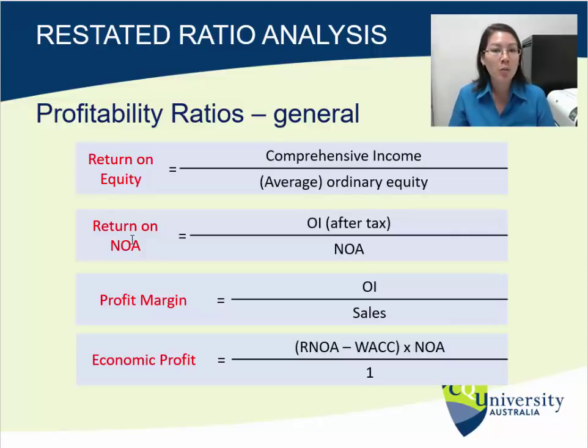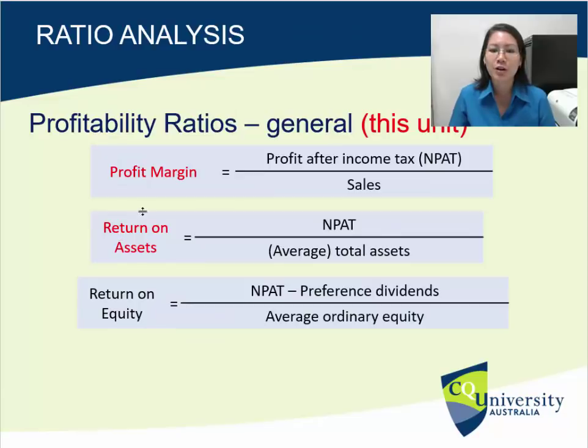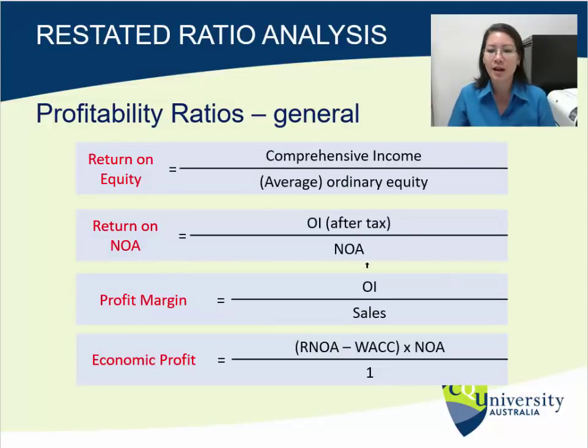Return on net operating assets is the same as return on assets that we looked at in the profitability ratios on the first slide. So return on assets, again, looking at the return for the use of your assets. So for every dollar of assets, how much are you generating in profit? And that's the same concept with our restated return on net operating assets. How much profit or operating income are we generating from our operating assets?